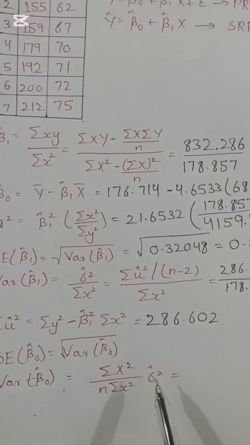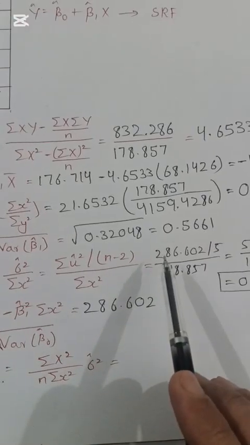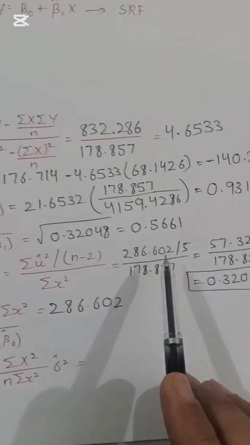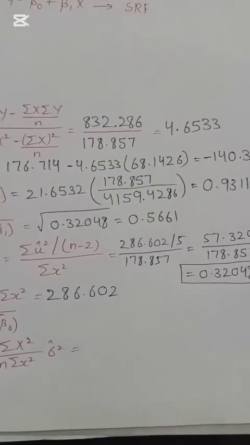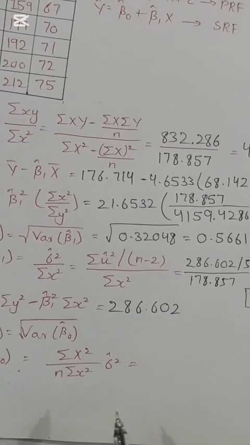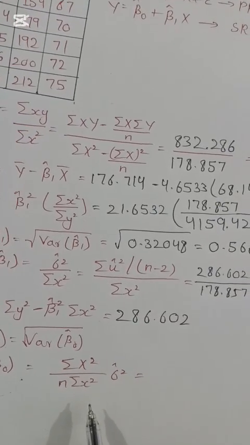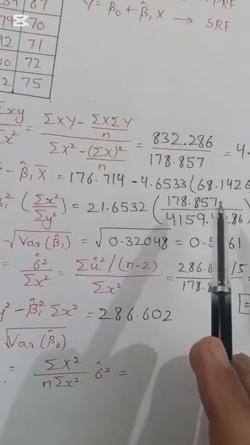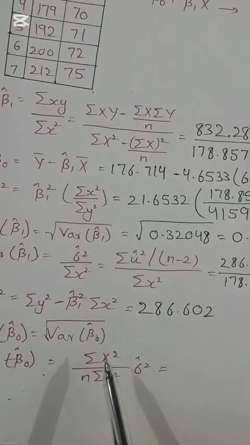Note that you have already found sigma square hat, which is 57.3204. Similarly, you have already found the sum of small x square, which is 178.857, and the sample size is 7. Then you only need to find the sum of x square.